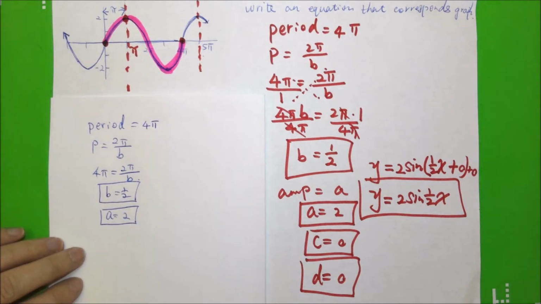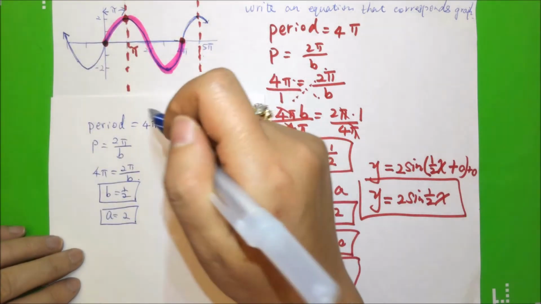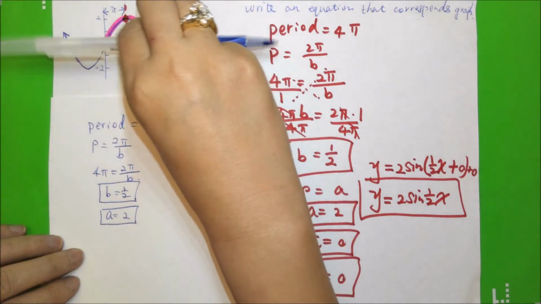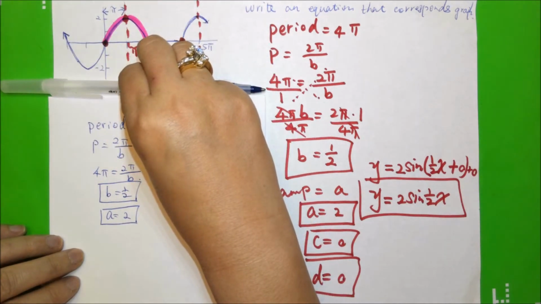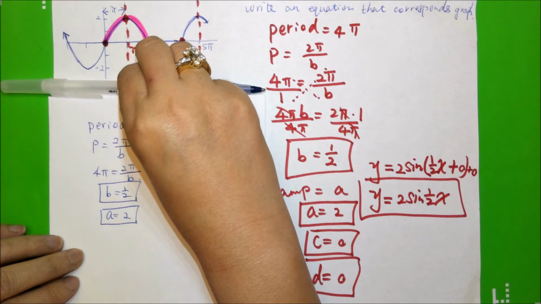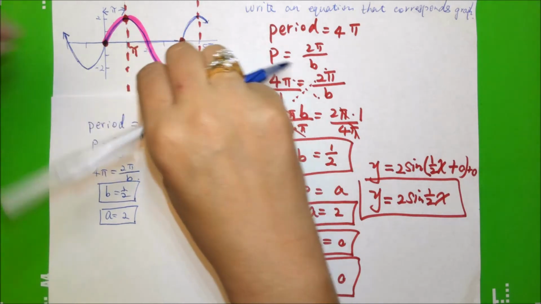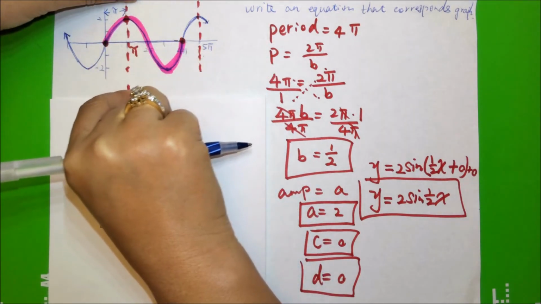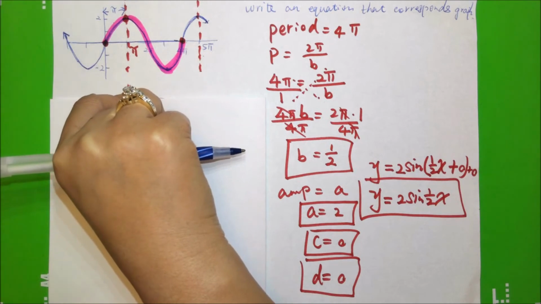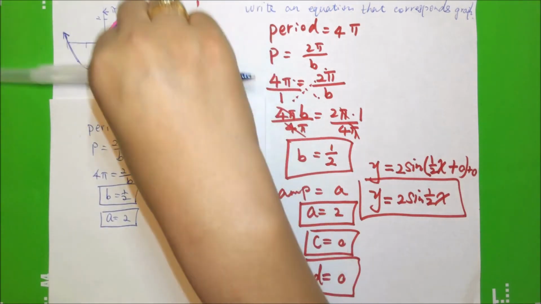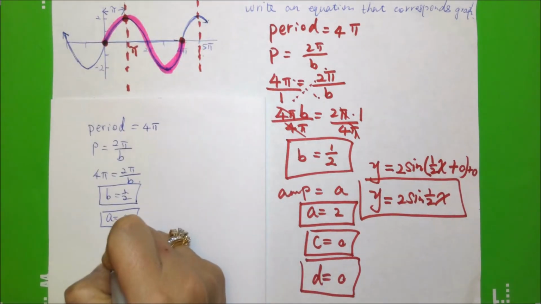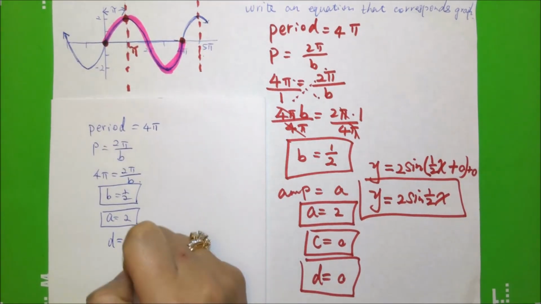Next thing I would like to see, what happened to D? D represents the vertical shift. Have you translated your graph up or down? When amplitude equals 2, it means the graph has been vertically stretched by 2 units. I did not translate the graph any unit up or down. Therefore, my D stays the same, equals 0.